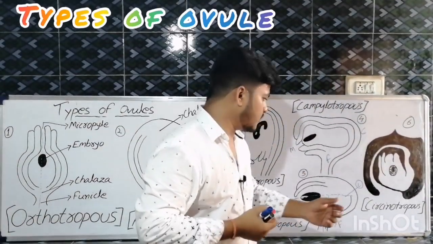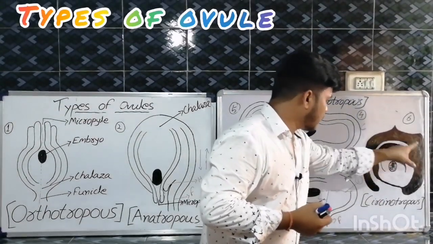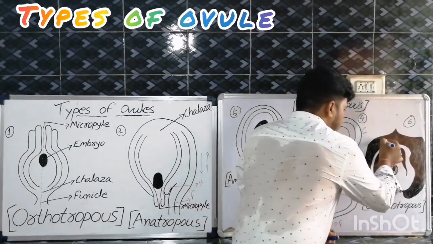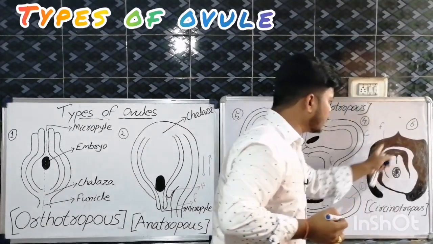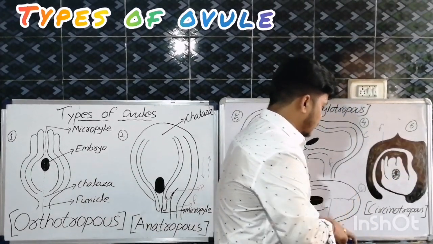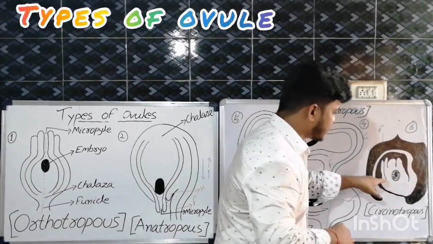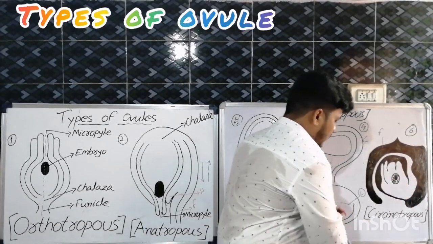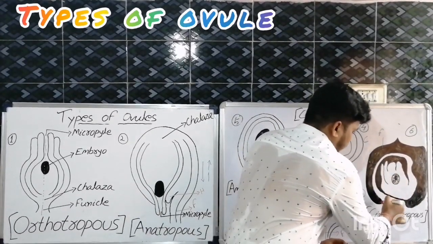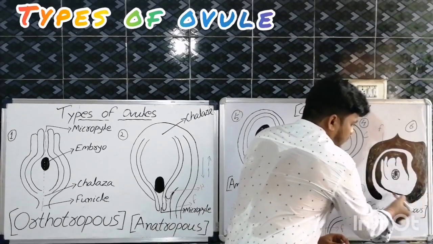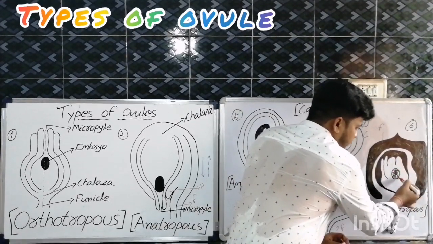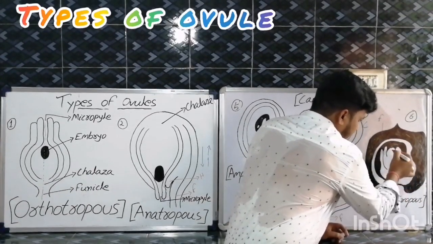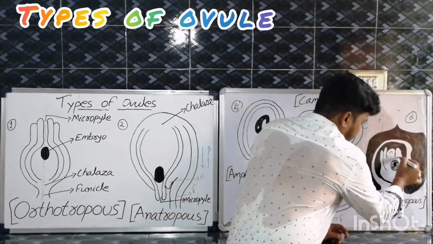So in the circinotropous ovule, the darkened part is your funicle. If you look at this structure, this is your funicle part. The total structure is bent and there is a single turn going over here. The funicle has a turn over here, and there is the embryo sac, and these are the integuments, and this is your micropylar end.